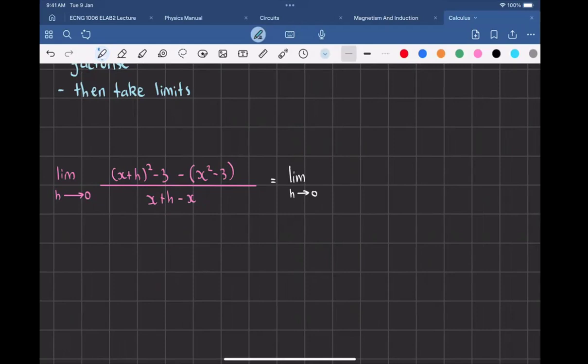Could you expand that mentally? It'll be x squared.